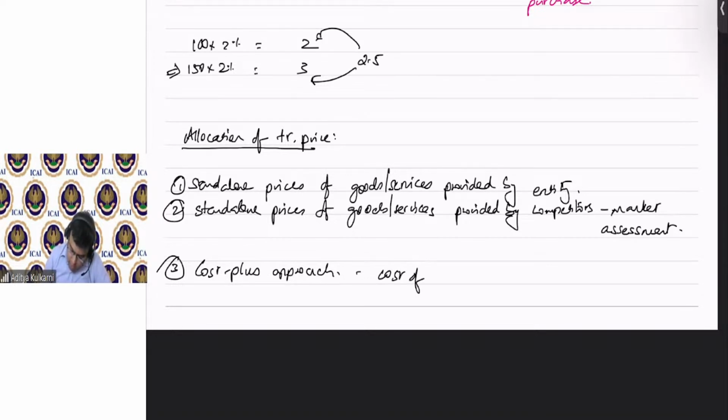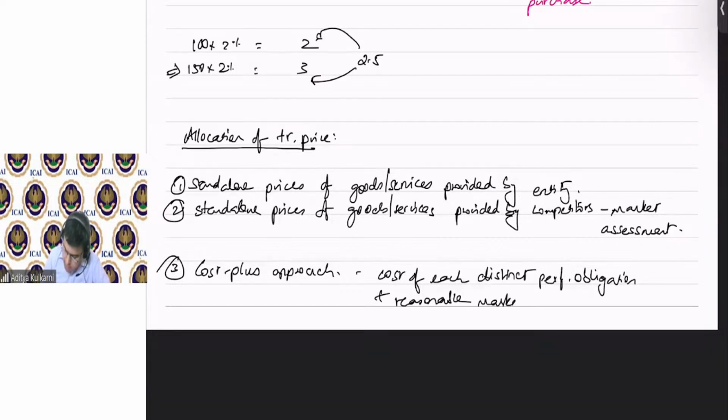So take the cost of each distinct performance obligation plus a reasonable markup. That will be the price. On that price, you do the allocation of the transaction price.